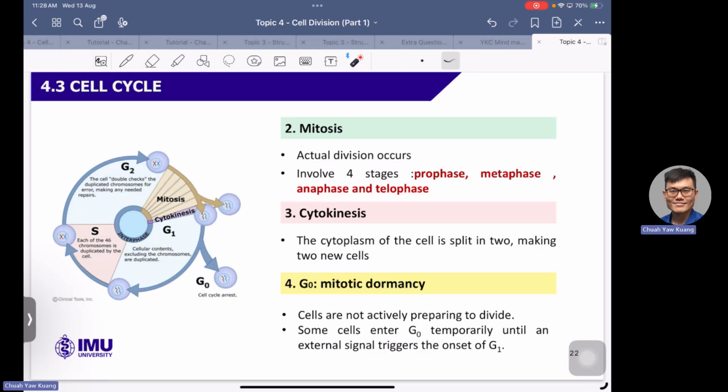All of these cells, after they produce one become two, will exit the cell cycle. When they exit the cell cycle, the cell is undergoing G0 phase. G0 phase means mitotic dormancy. These types of cells that go into the G0 phase will no longer undergo mitosis because they quit the cell cycle.